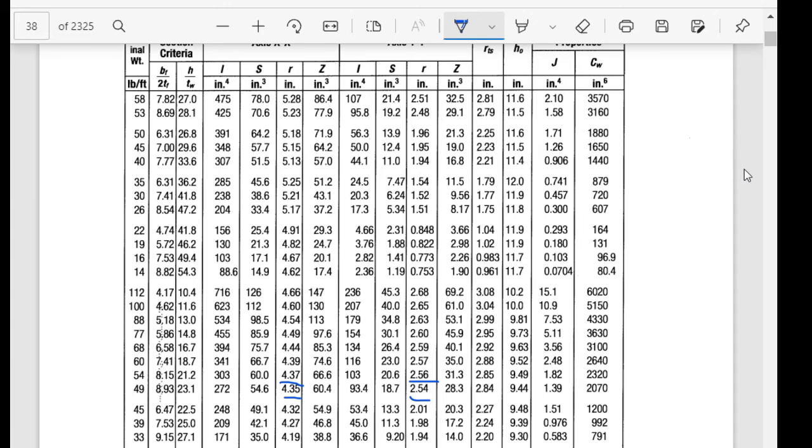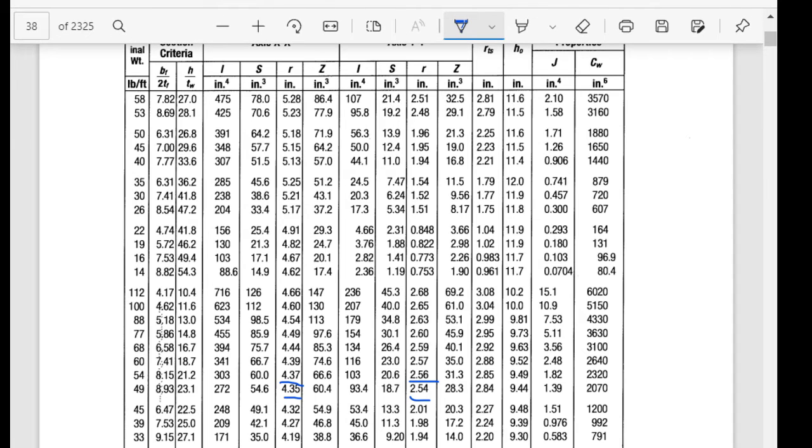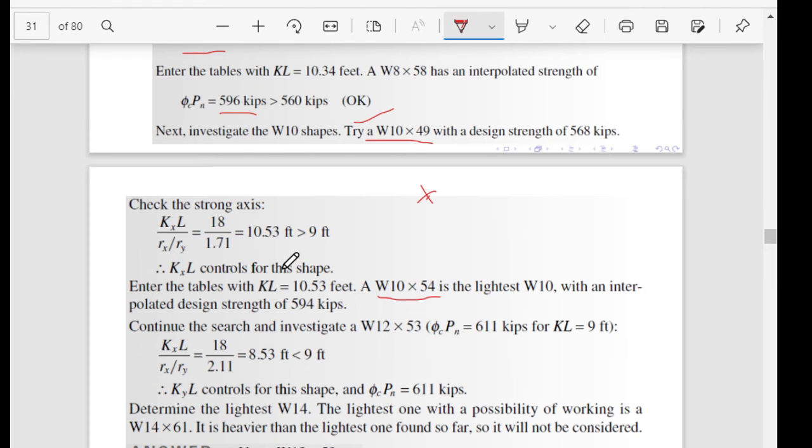Try to solve for the ratio, 4.37 divided by 2.56. That is 1.707, or 1.71. Again, if we make it 1.71, the value of KL is 10.53.